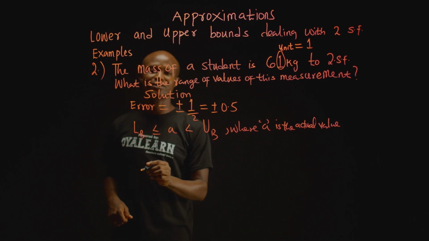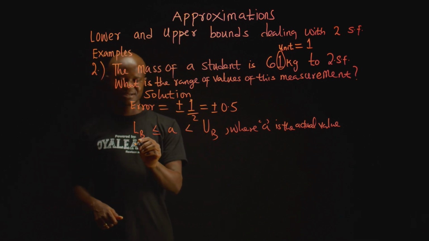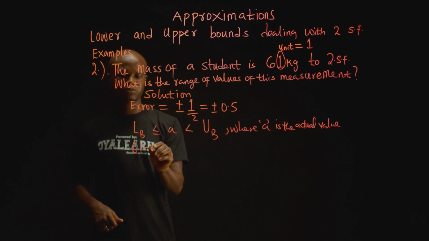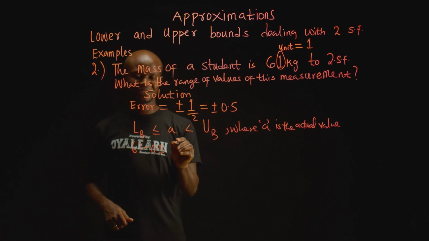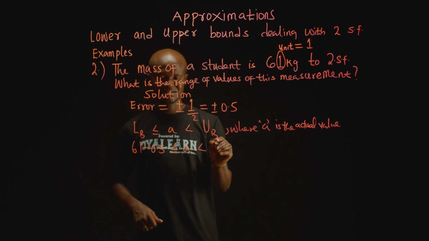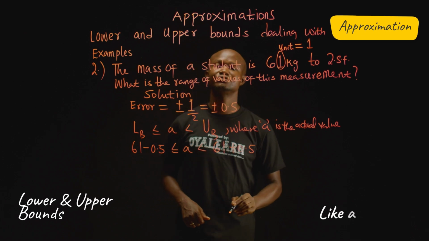Now, we can get the lower bound. The lower bound is going to be equal to what? 61 minus 0.5, then less than or equal to A, less than 61 plus 0.5.